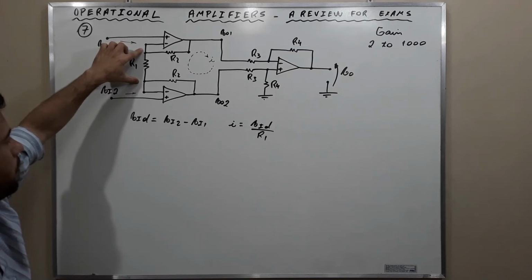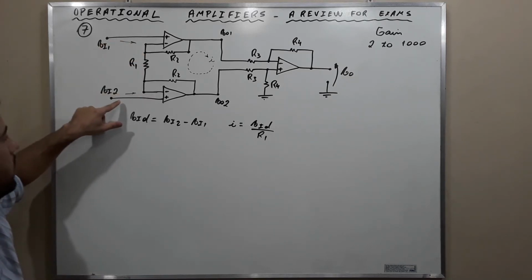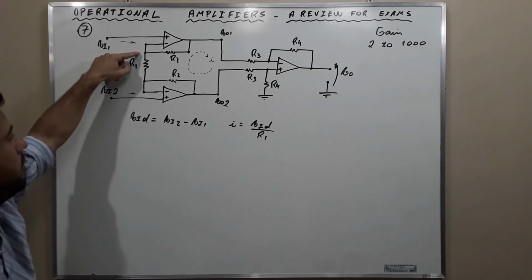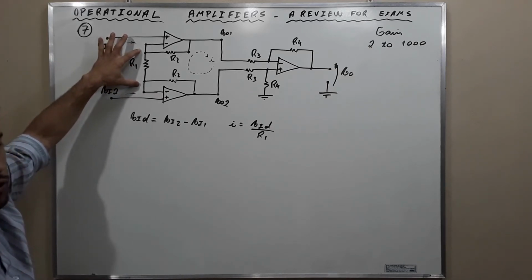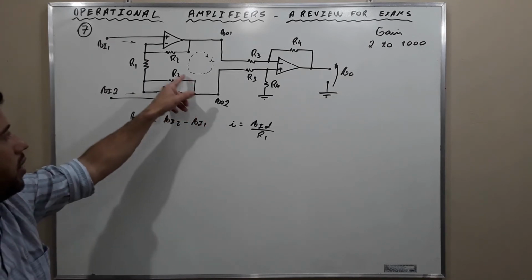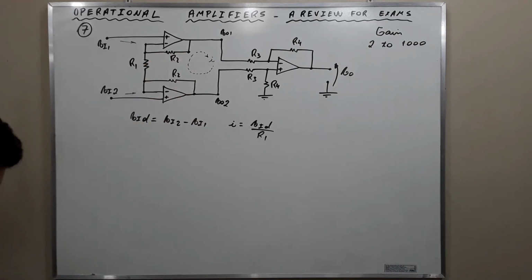Because we have understood that this voltage is going to appear here and this voltage is going to appear here, the voltage across the resistor R1 is VID. Voltage divided by resistance is current. Then this current here is the current that flows here, okay?